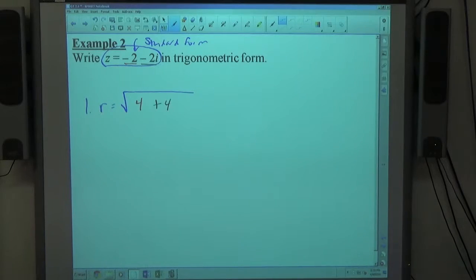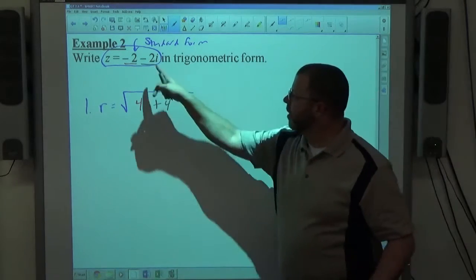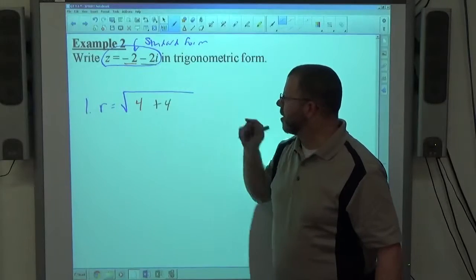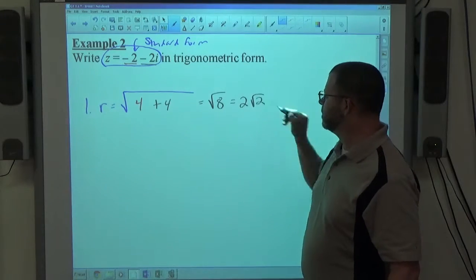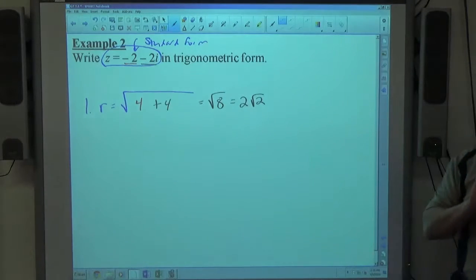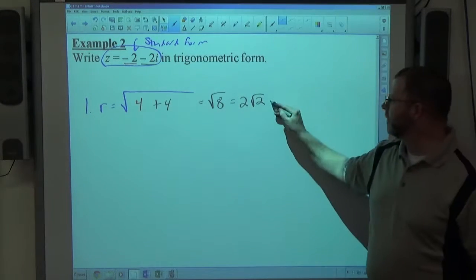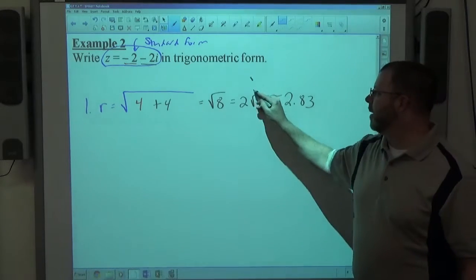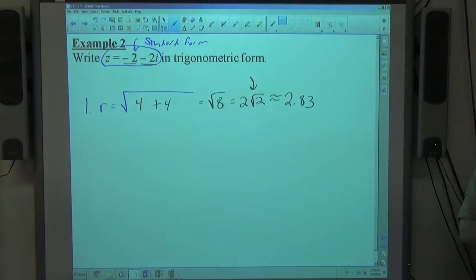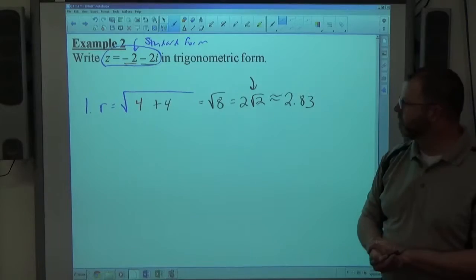Everything's just the numerical value squared, add them up. That gets me the square root of 8, better known as 2 times the square root of 2. 2 times the square root of 2 is exactly right. 2.83 is approximately right. Anytime you can be exact, it's always better. 2.83 would be acceptable, but not as good.